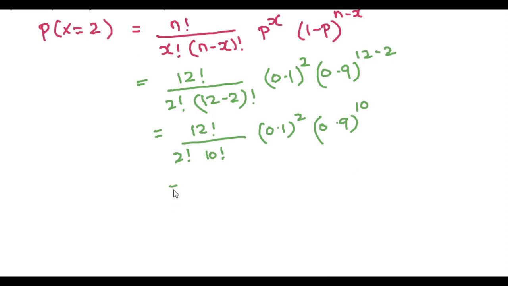Now the 12 factorial can be written from 1 to 12, and 2 factorial is 1 times 2, and 10 factorial is 1 times 2 and so on up to 10.